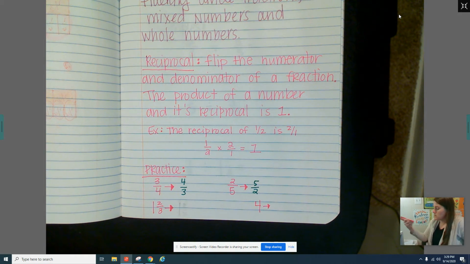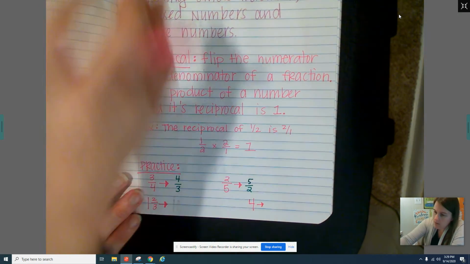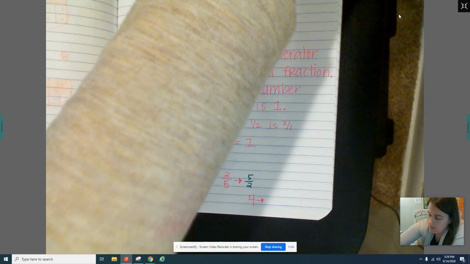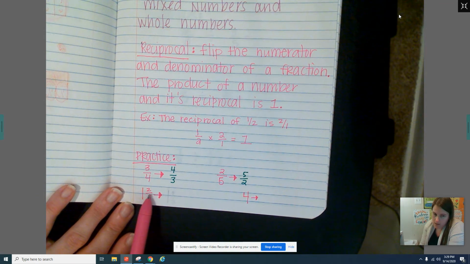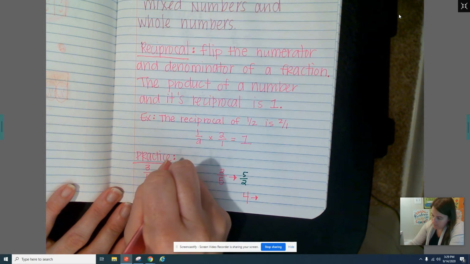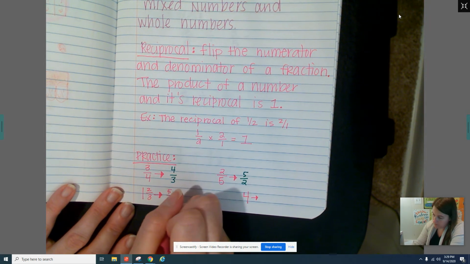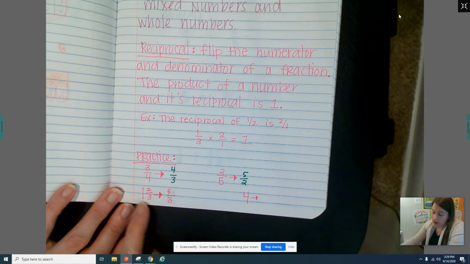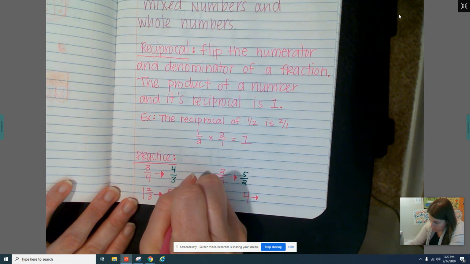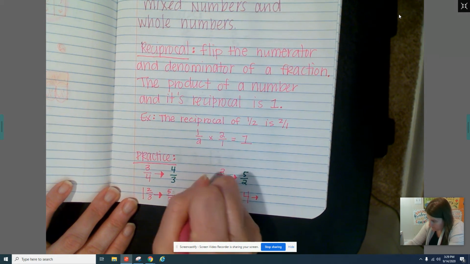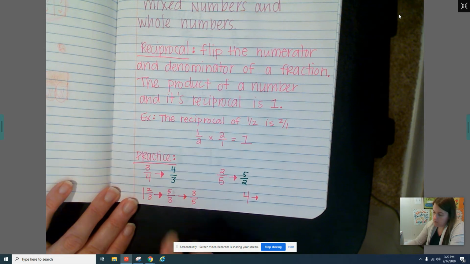You've got to convert it into an improper fraction, then you can flip it. So 3 times 1 is 3, plus 2 is 5, and then I'm going to keep the 3 as my denominator. Now I've converted it to an improper fraction. Now I can flip it. And the reciprocal is 3/5.